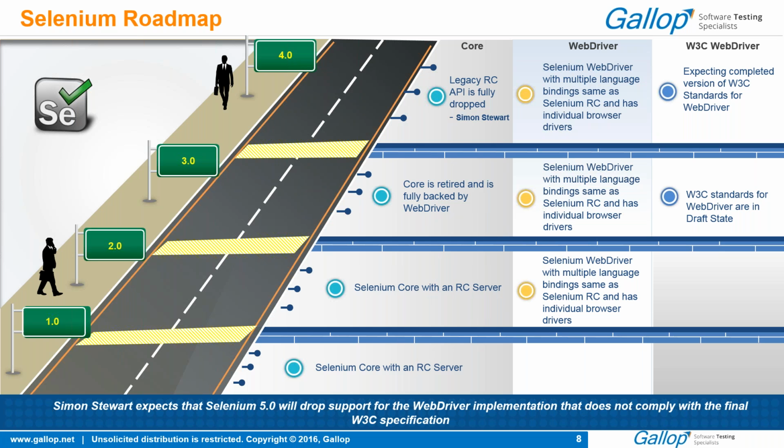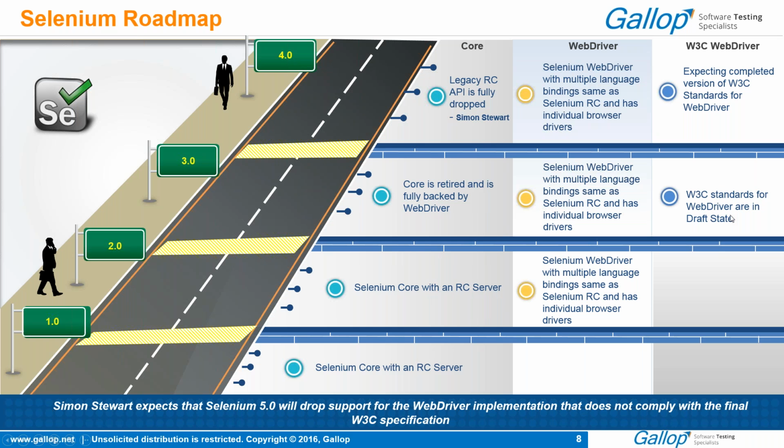It is also providing backbone support for tools like Appium, iWebDriver, and Protractor. So in 3.0, the Selenium Java API is going to contain only WebDriver, the clean version. The initial draft of the W3C standard started in 2012, but it's still continuing, so we are hopefully expecting it to be completed in 4.0.